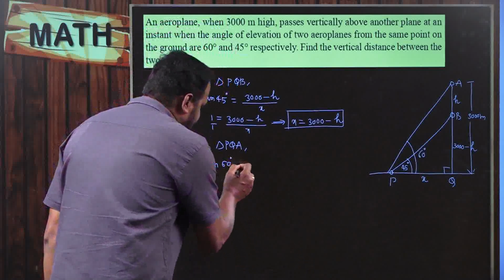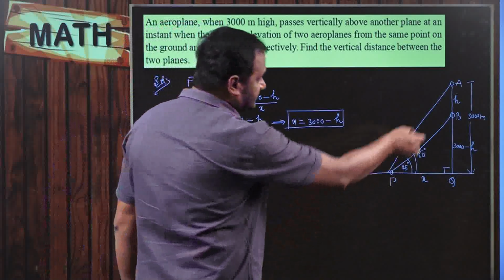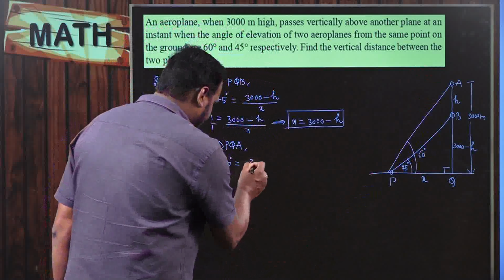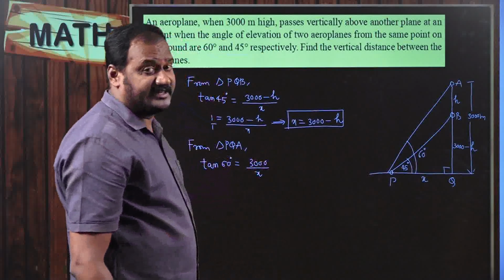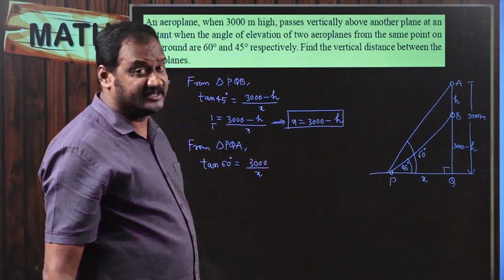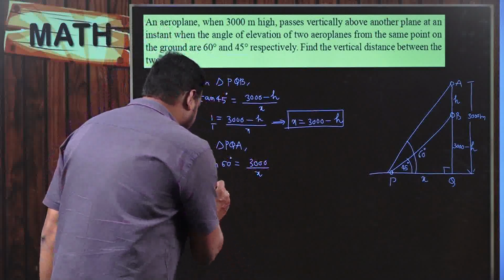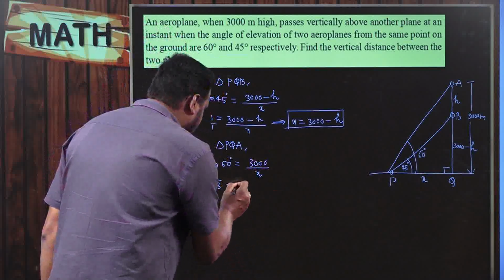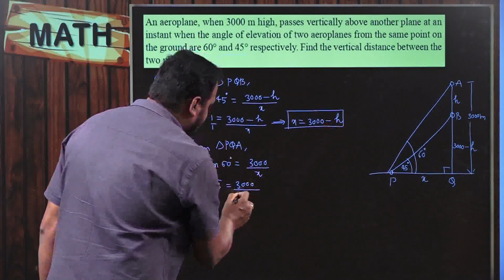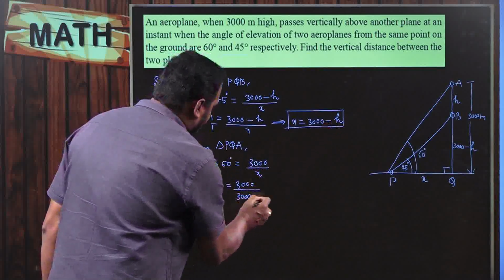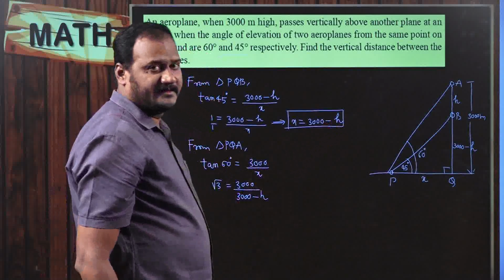So tan 60 degrees is equal to the side opposite to 60, which is 3000, divided by adjacent to 60, which is x. But what is the value of tan 60 degrees? Which is equal to root 3. So root 3 is equal to 3000 divided by x. x is equal to how much? 3000 minus h. Got it?